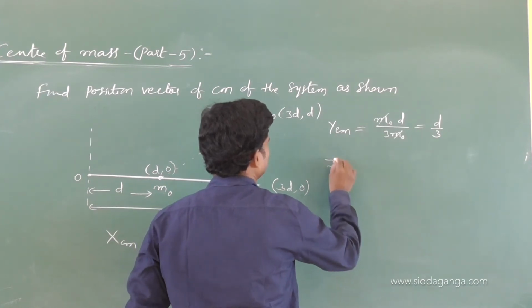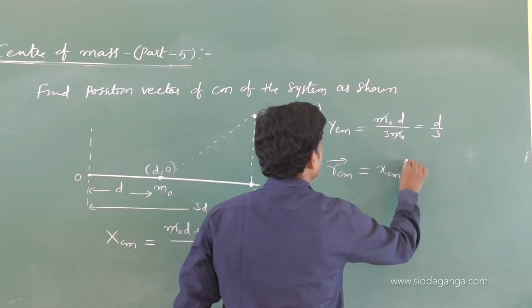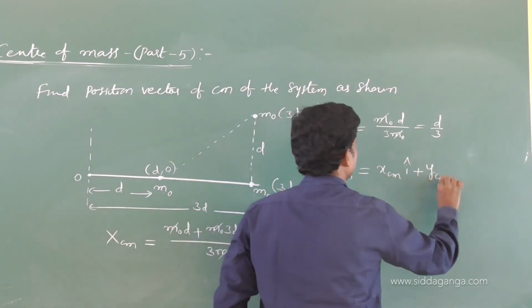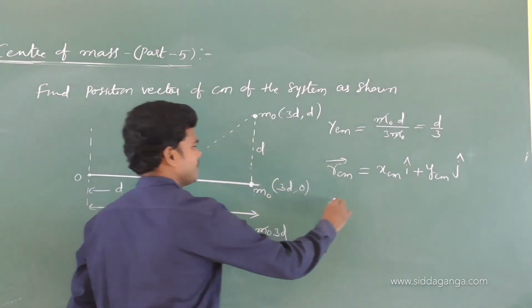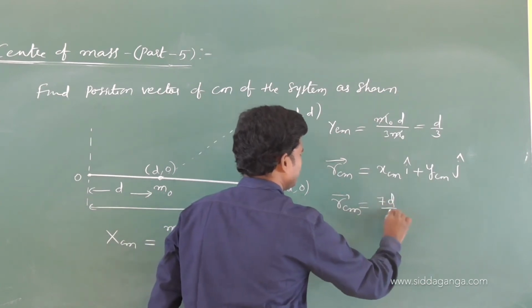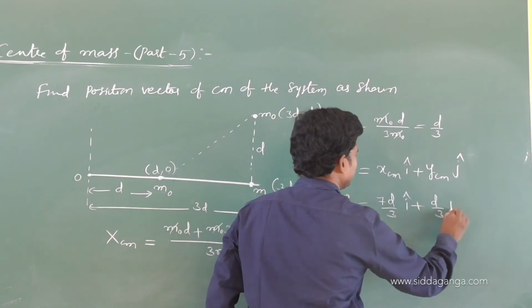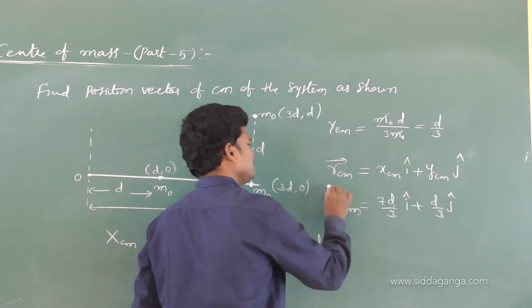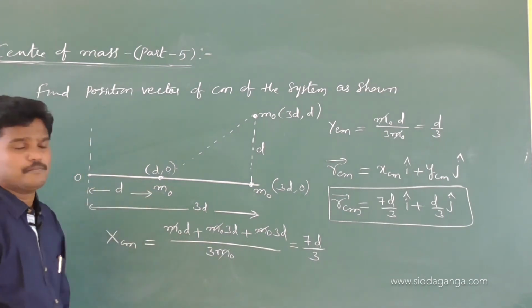So R_CM bar is X_CM i cap plus Y_CM j cap, which is 7d by 3 i cap plus d by 3 j cap. This is the position vector of center of mass of the system.